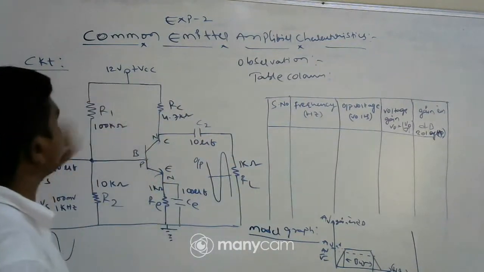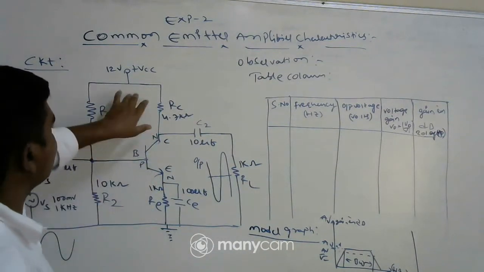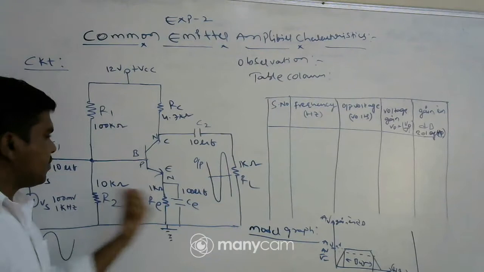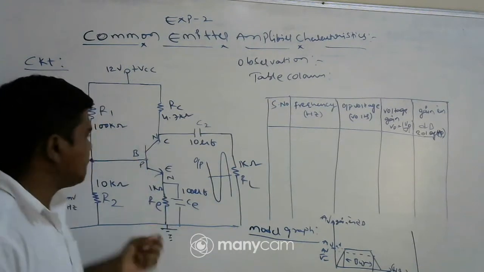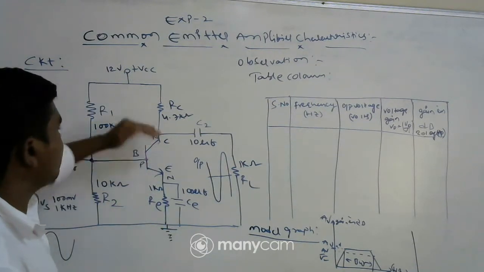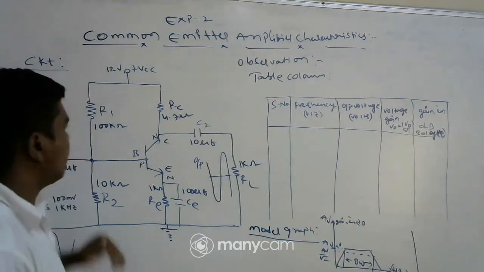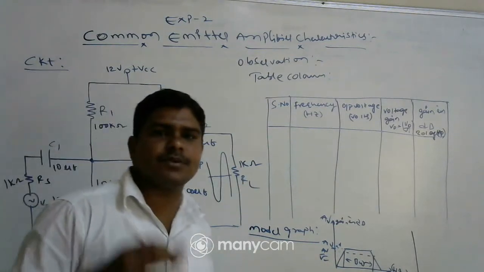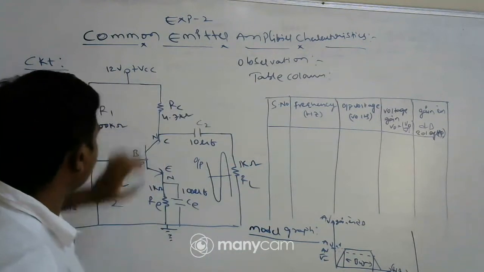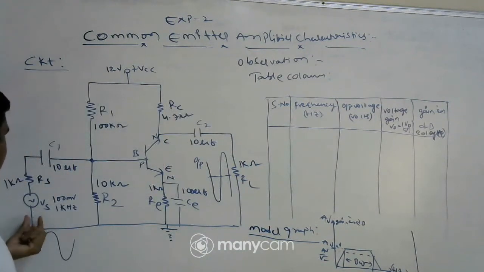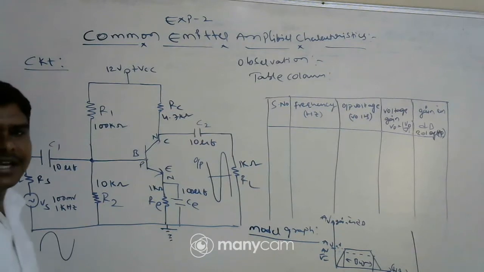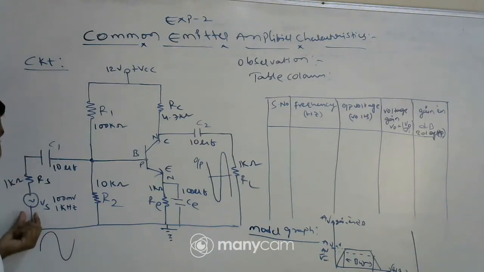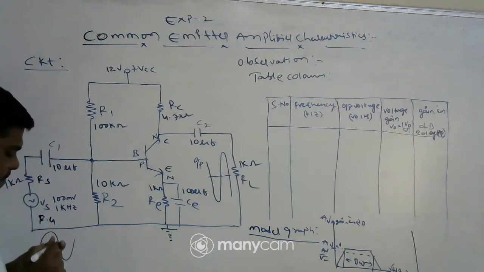So see the circuit diagram of the common emitter amplifier. We designed it using the voltage divider bias, because voltage divider bias provides a stability factor of 1. We give the source signal using the function generator, which we call FG.